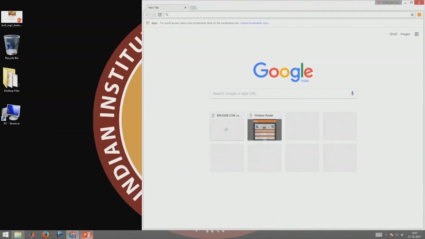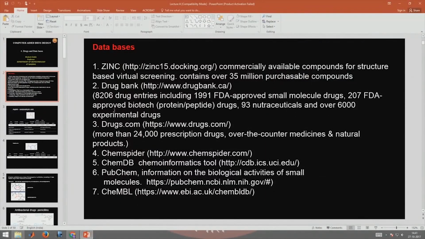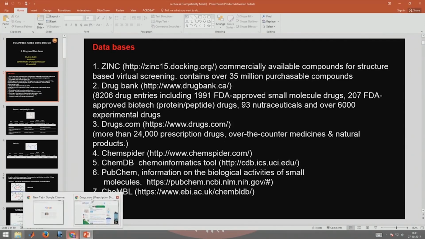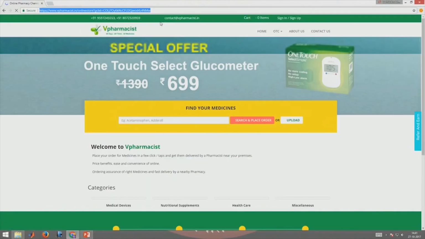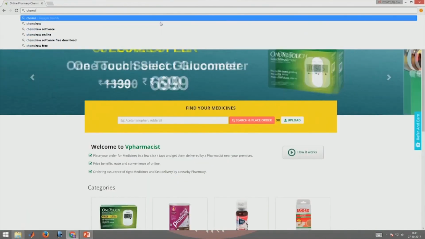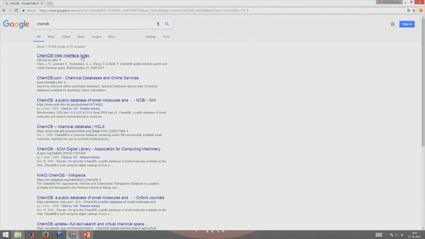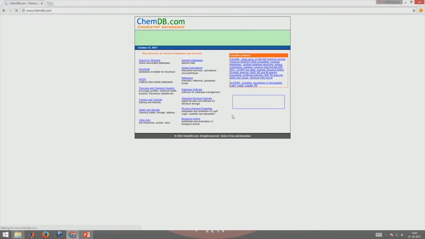Okay. So, other databases, let us look at. Besides drugs.com, you also have ChemDB, that is another database. ChemDB is a chemical database online.